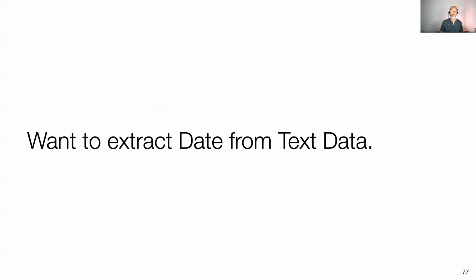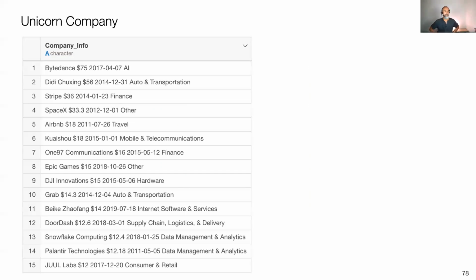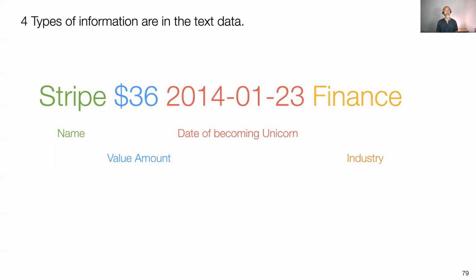Sometimes this happens in the data. This is the same unicorn data, but all the information happens to be in a single column, with a date inside. This is the company name and a valuation amount, I think the unit is billion dollars, then the date of becoming a unicorn, and then which industry the company is in.